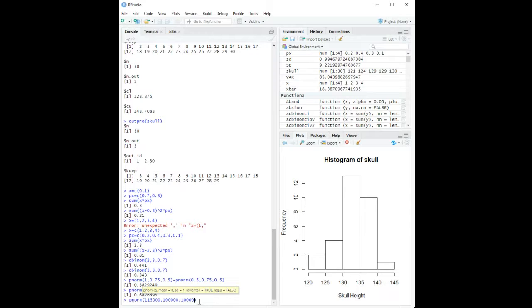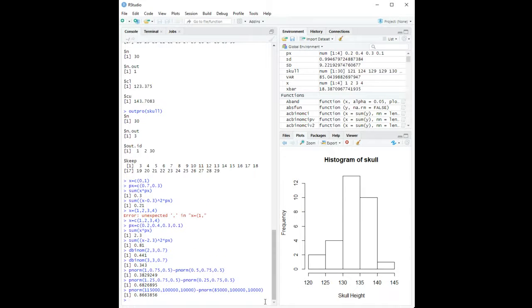Okay, so between this one minus that P norm again, and now we're going to get the other one, which is 85,000, and again the mean is 100,000 and the standard deviation is 10,000. Okay, and it should give you 0.86.